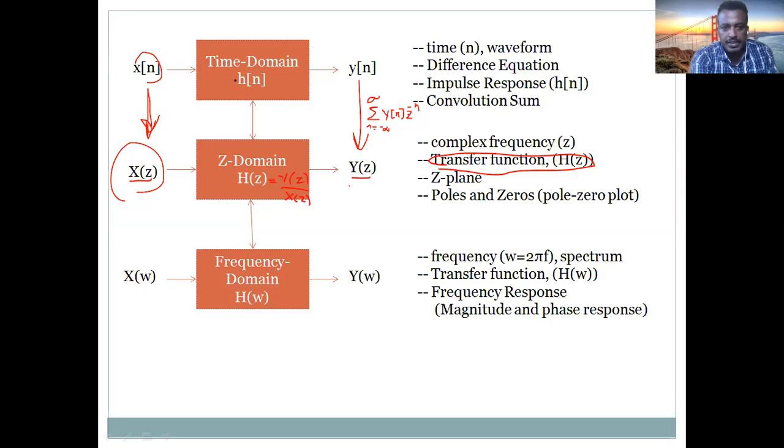So you can see here, the impulse response, when you transform it into z domain, gives us h of z. h of n is in time domain, the sequence which represents the system. If you know h of n, you can determine the characteristics of the system. It totally represents your system, but it is in time domain. If you transform it into z domain, it becomes h of z. We call it the transfer function.